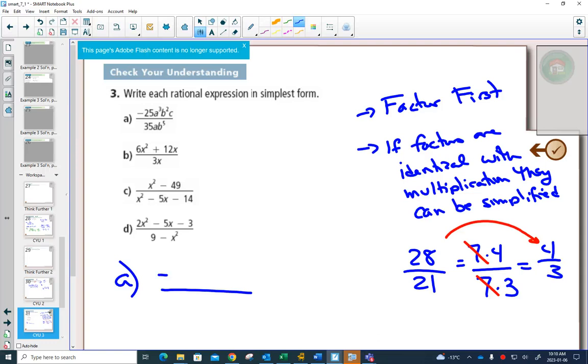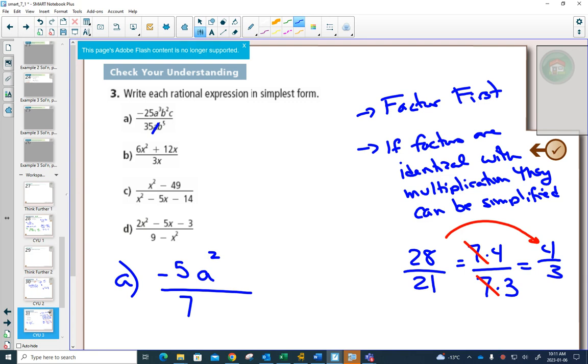And you would say, I'm left with 5 on the top and 7 on the bottom. No problem. Then we have a cubed on the top and a on the bottom. A cubed means a times a times a, if I wrote it out broken up. And I have 1 a on the bottom. Can you see that 1 a on the bottom would cancel out with 1 a on the top? And you'd be left with a squared.